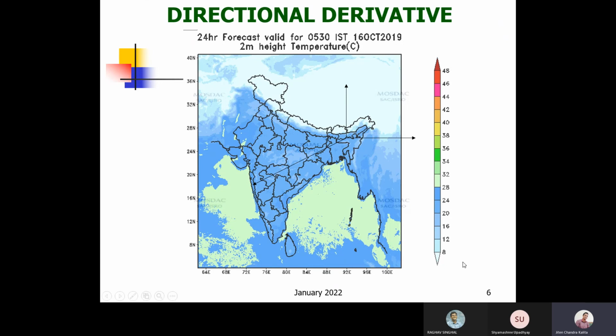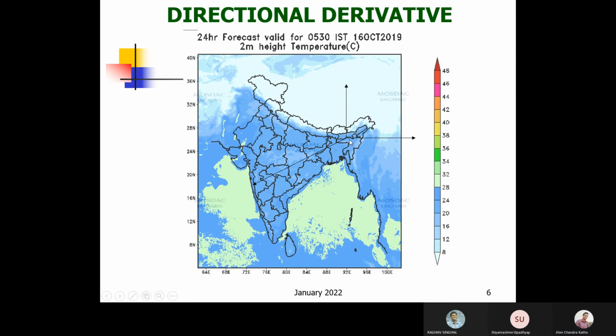You can see right from 8 it goes up to 48, and hopefully this was taken during winter, so you can see not much green up to red. Probably we are having a maximum of 32 degrees Celsius here.